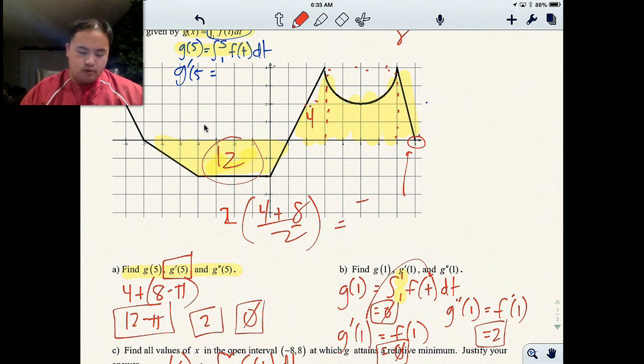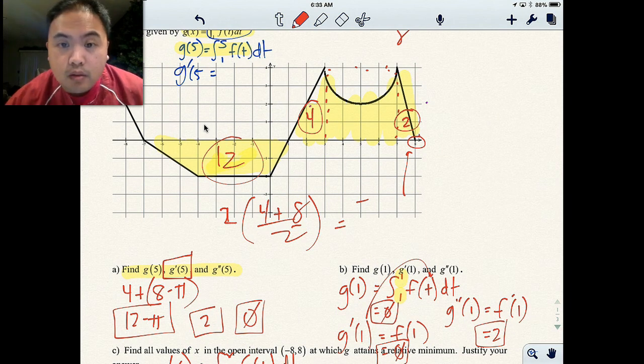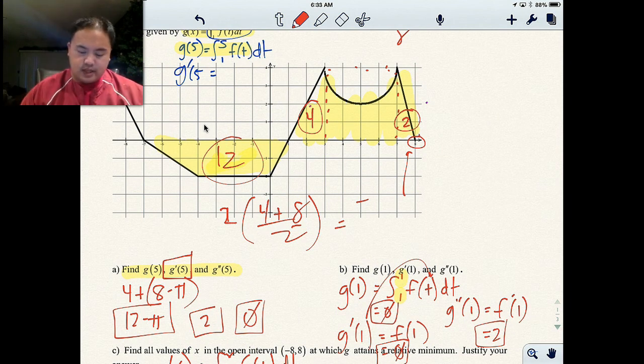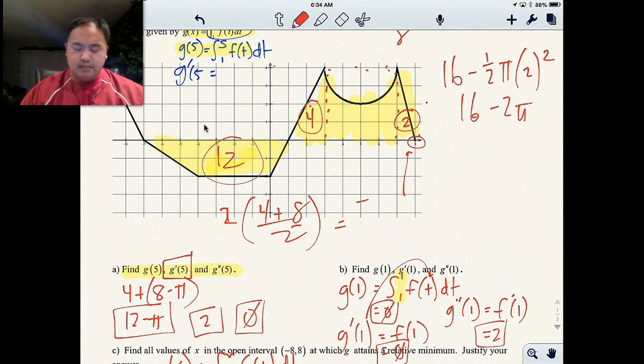So this is 4 from last time. The right triangle, half base times height, 1 times 4, this one is 2. This one, I have a rectangle of 4 times 4, I have 16. That rectangle is 16. And I subtract half a circle that has a radius of 2. So 16 minus 2 pi. This is about a little bit less than 10, or about 10, right?